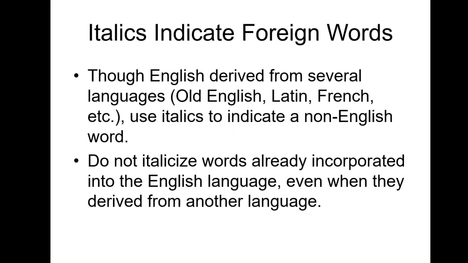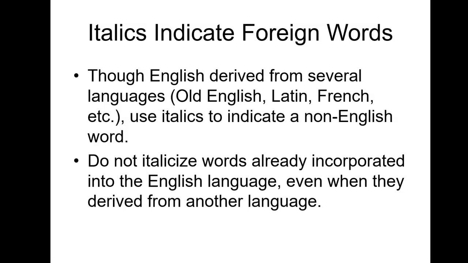One of the interesting things about the English language is that it's derived from several different languages. If you look at the history of some of our words in English, you'll see that some come from Old English, some from Latin, some from French, and a variety of other languages too.